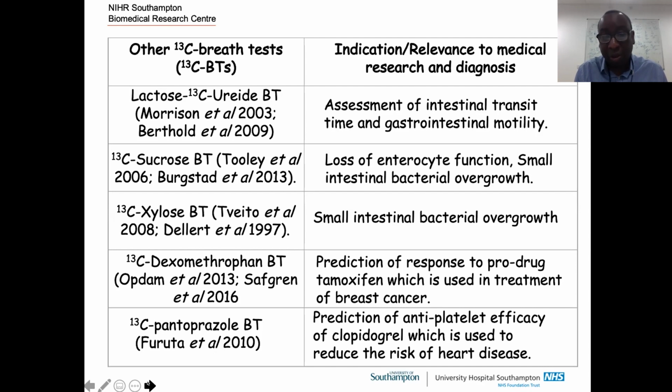The same also applies to the 13C xylose breath test. And the last two on this slide are the 13C dextromethorphan breath test, which can be used to look at the response to tamoxifen, used in the treatment of breast cancer, and the 13C pantoprazole breath test, which is used to look at the antiplatelet efficacy of clopidogrel, which is used to reduce the risk of heart disease.